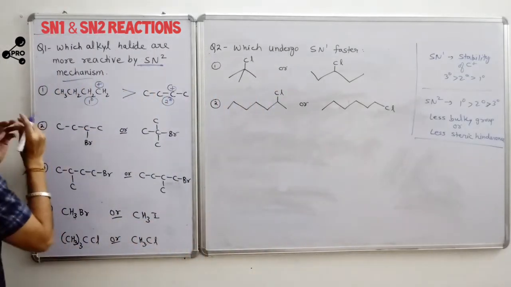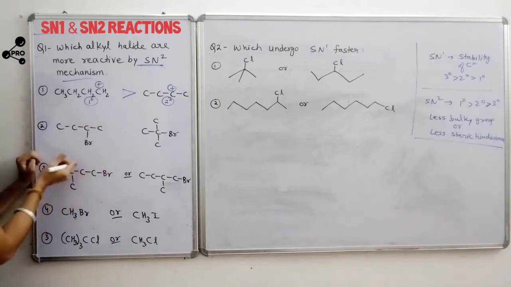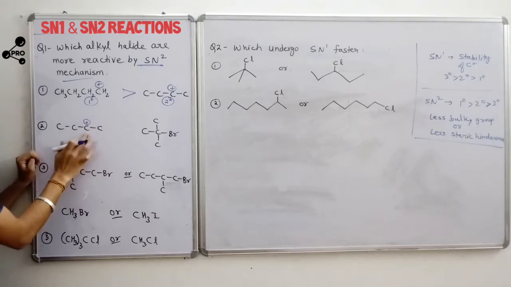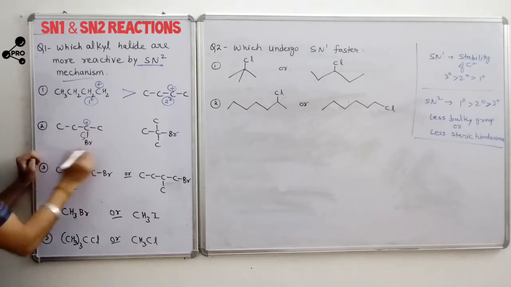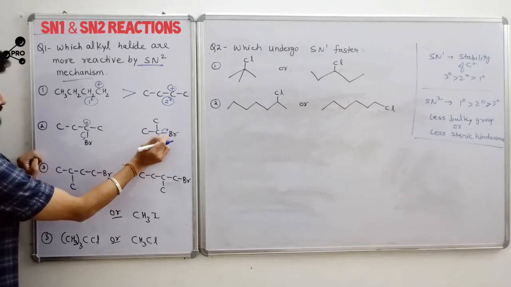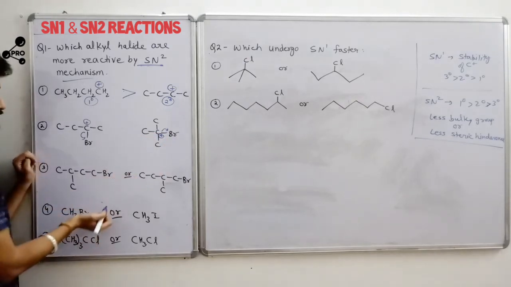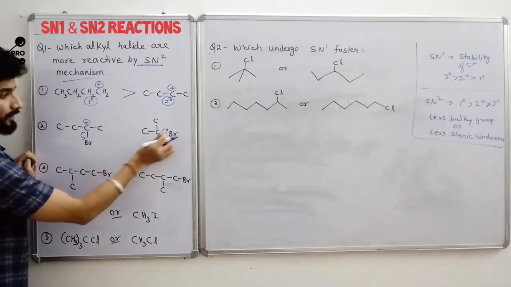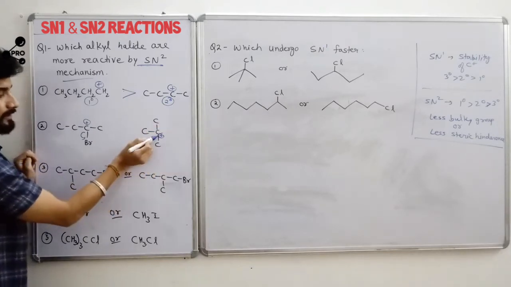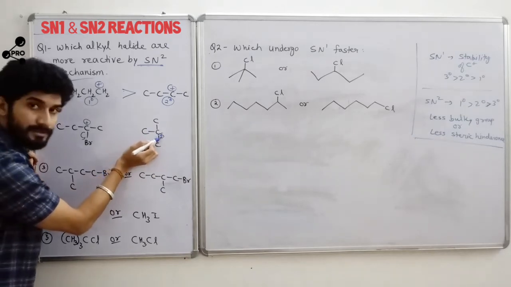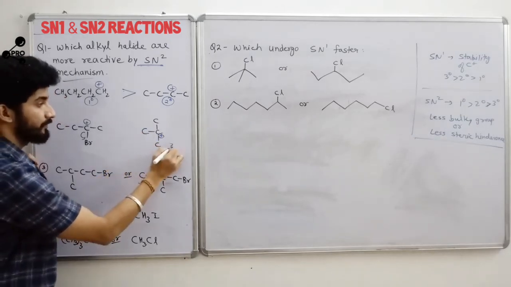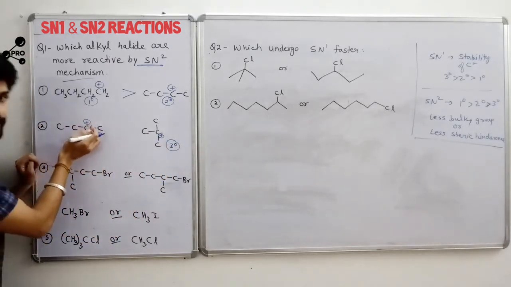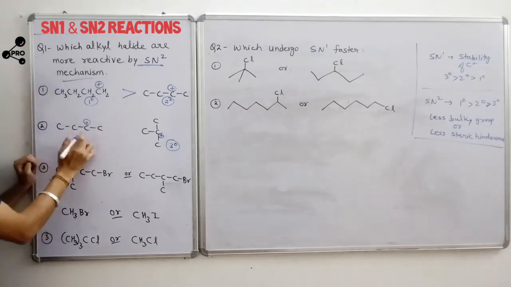In the second question, we'll see the same thing. Bromine will leave from this part, so the carbon will carry the positive charge, and the same for the other. The carbon carrying the positive charge here is directly attached to 3 carbons, therefore this is a 3 degree carbocation, and from this part the carbon is directly attached to 2 carbons, so it is a 2 degree carbocation.